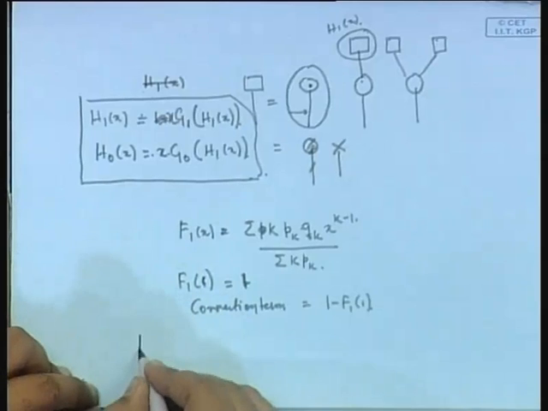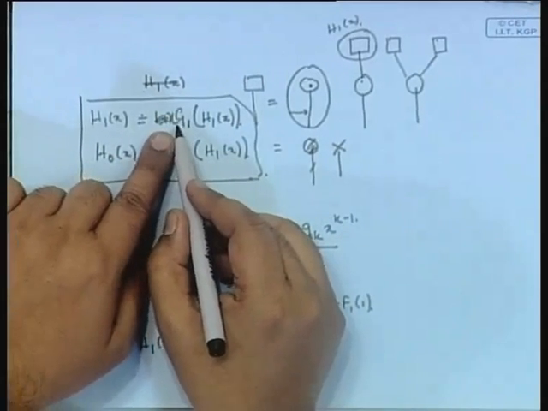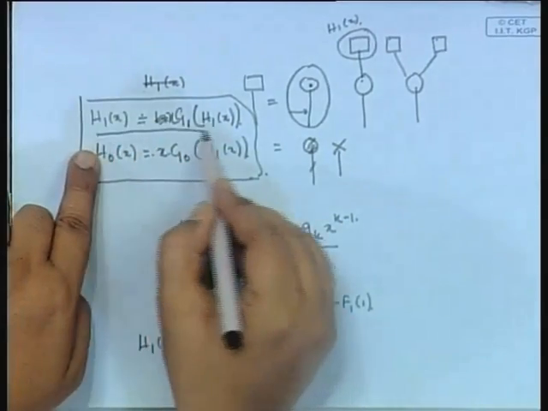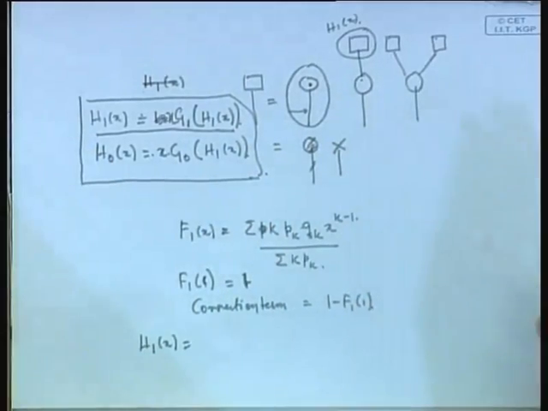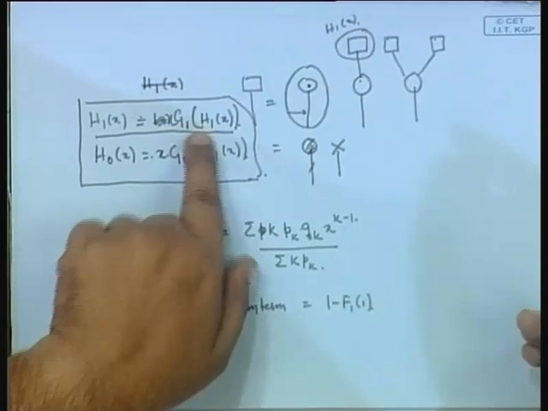Okay. So, then you write h1(x). So, previously, see, x is equal to 0 in this generating function, there was no term in this generating function.